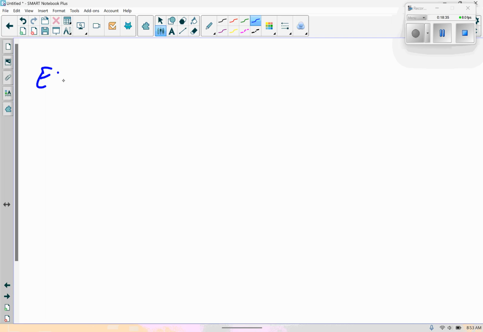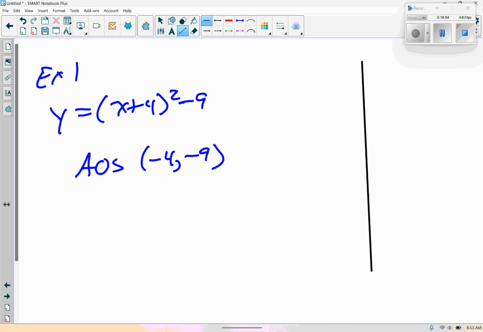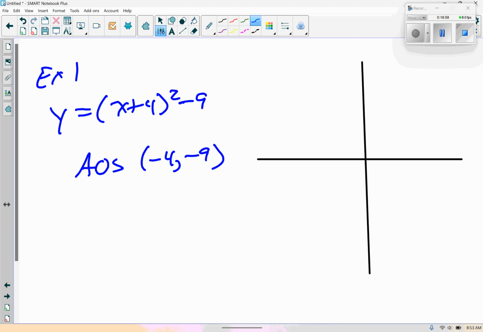So example 1, we have y equals (x plus 4) quantity squared minus 9. So our vertex, we said, was (-4, -9). Let's draw our grid. So -4, -9.